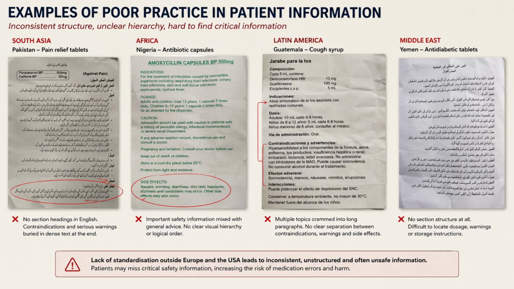Numbered sections for step-by-step instructions contribute to a logical flow. This allows patients to follow guidelines more accurately. Although guidance around written patient information in Europe and medication guides in the USA already covers this, other regions still lack standardization and it is more of a free-for-all.